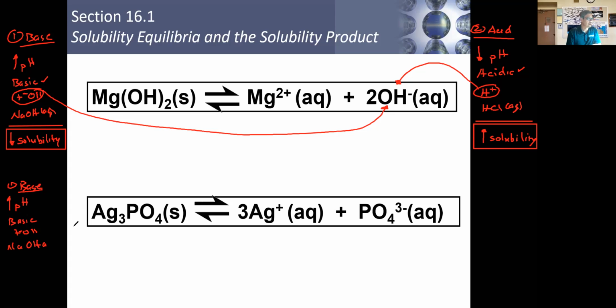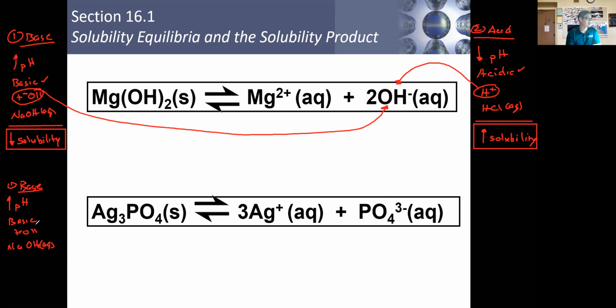So in the first example, adding in more sodium hydroxide, making it more basic, affected the equilibrium of magnesium hydroxide because of the common ion effect. If you add sodium hydroxide into this solution, let's take a look at what happens.